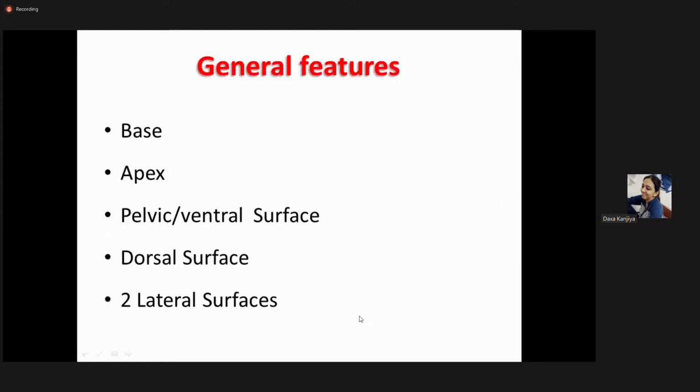Now general features. It has one base lies above, apex lies below, and there are 4 surfaces. Ventral surface is also called the pelvic surface, dorsal or the posterior surface, and 2 lateral surfaces. I will go one by one.